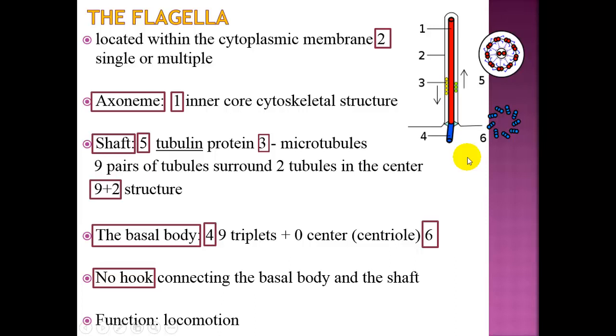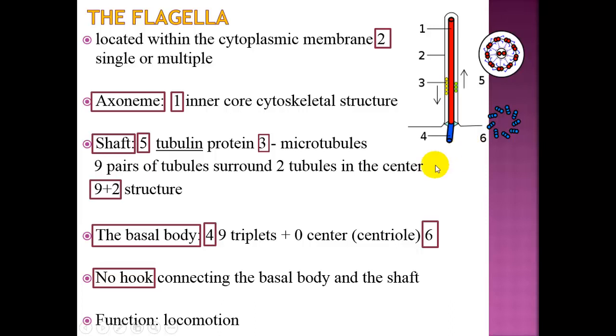The shaft has tubulin protein. The shaft is shown in a cross section in 5, and the tubulin protein in yellow, and the shape of it is in the form of microtubules. 9 pairs of tubules surround 2 tubules in the center, making a 9+2 structure in the shaft.